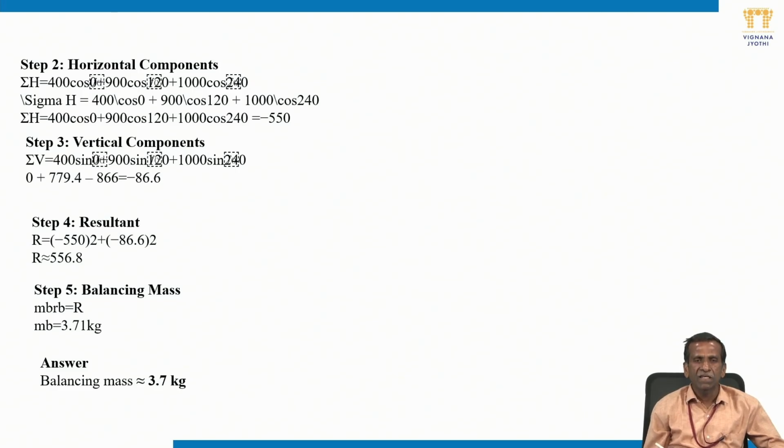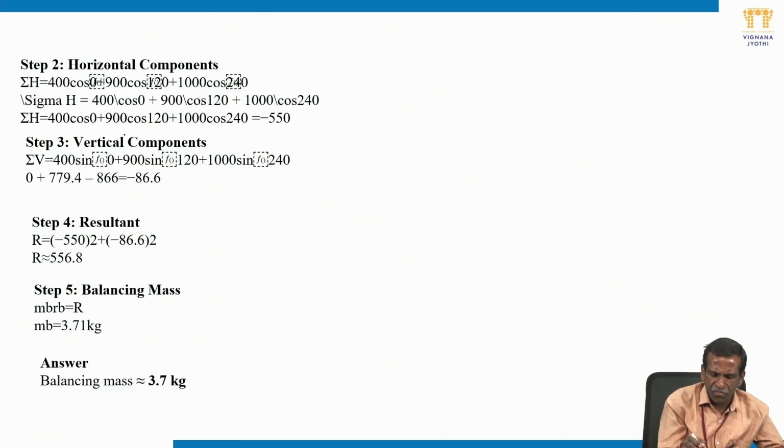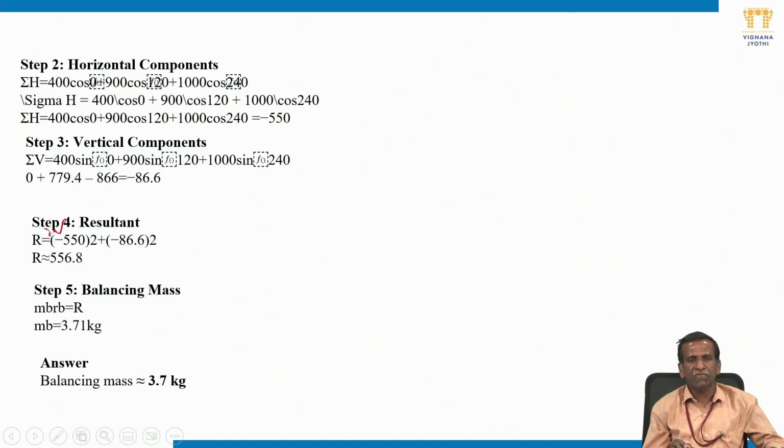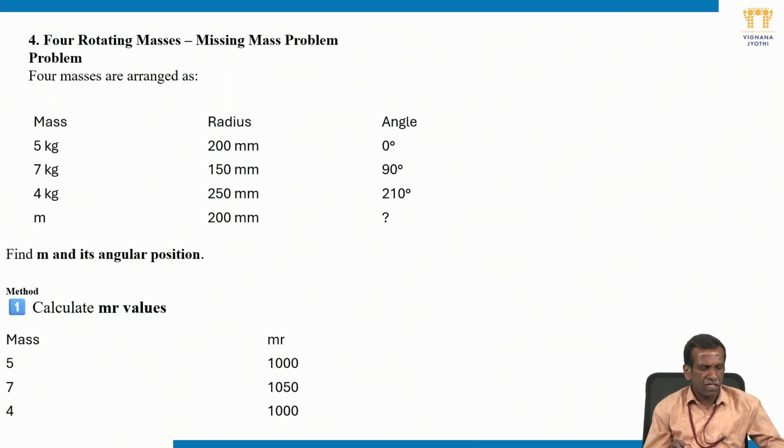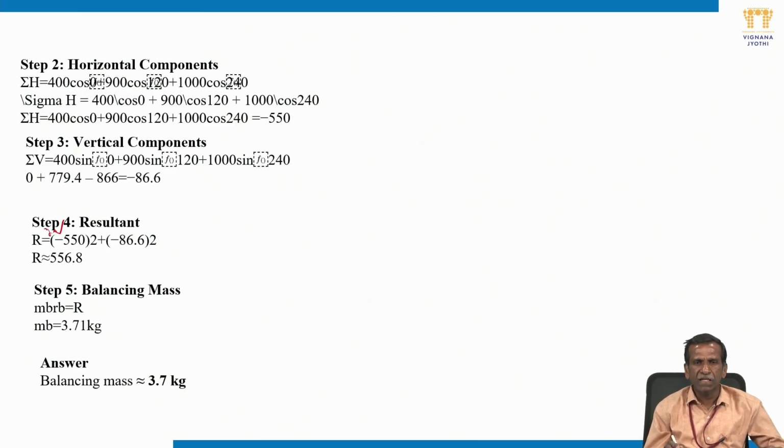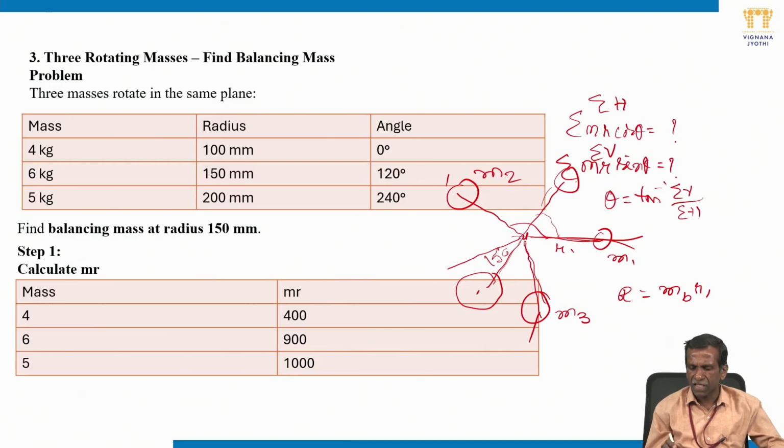Then the resultant is the square root of minus 550 whole squared plus 86.6 whole squared, and you are going to get 556.8. So this is equal to the balancing mass into the radius of rotation, so the balancing mass you will get is 3.7 kg. And the orientation also you can find, as I explained, just like this.